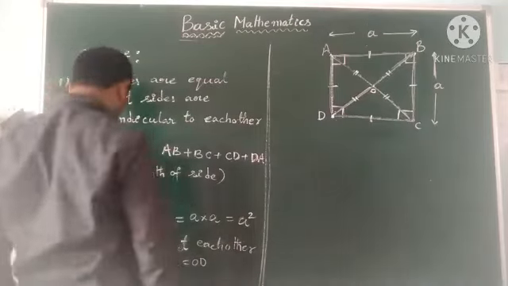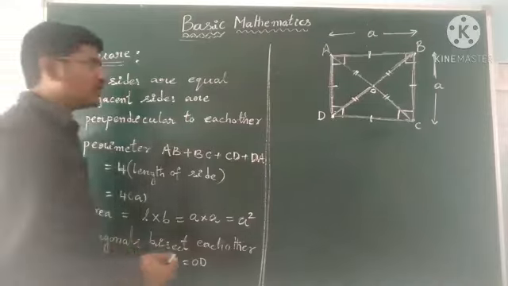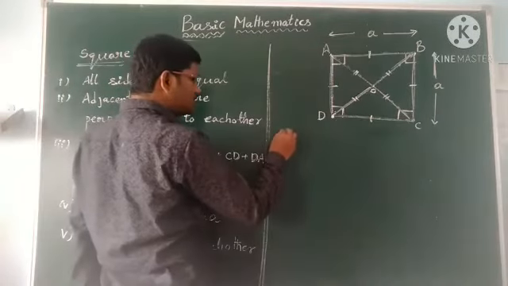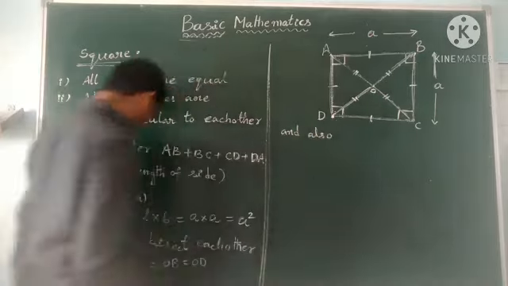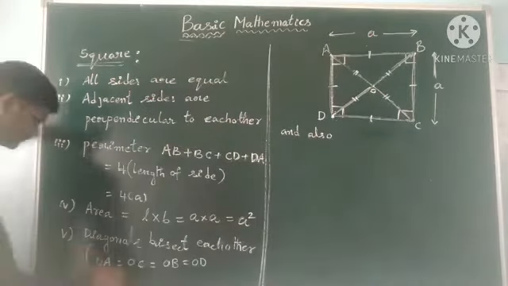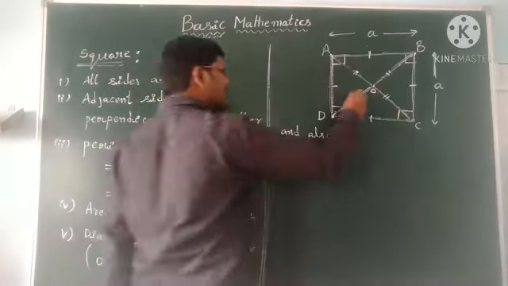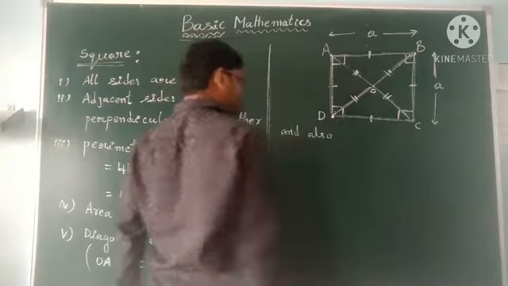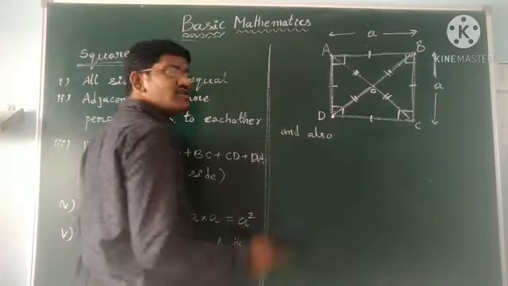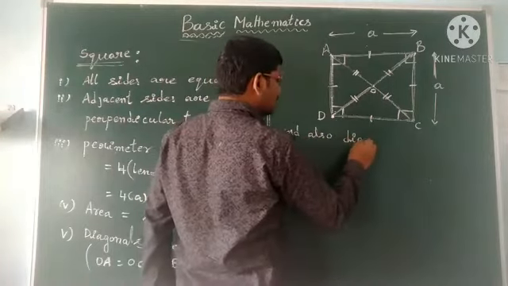Another point: diagonals bisect each other, and also, what is the next point you see, students? Diagonals bisect each other we have written, and also diagonals are perpendicular to each other.